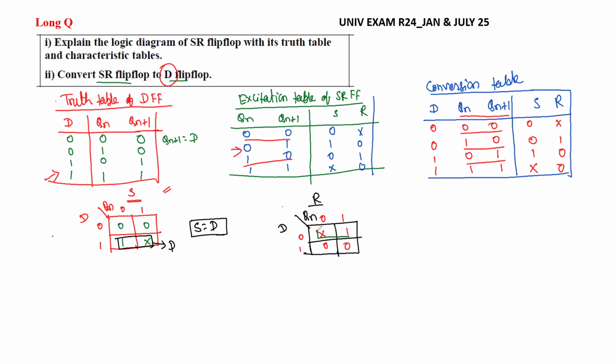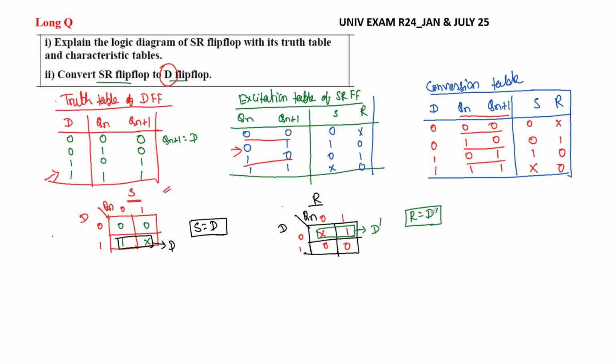By including this don't care, we can make the pair. Row-wise, what is common? Not D, D dash. Row-wise common is 0, that is D dash. So R is equal to D dash.